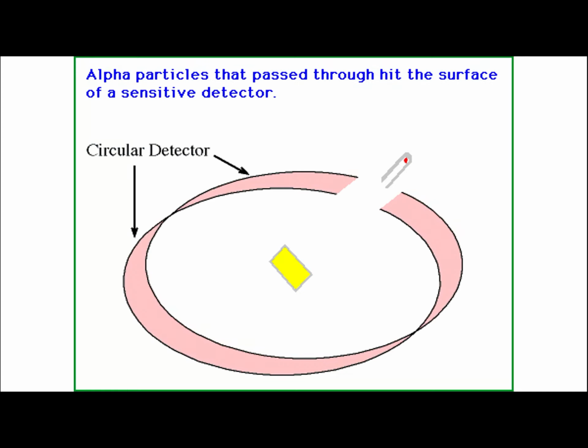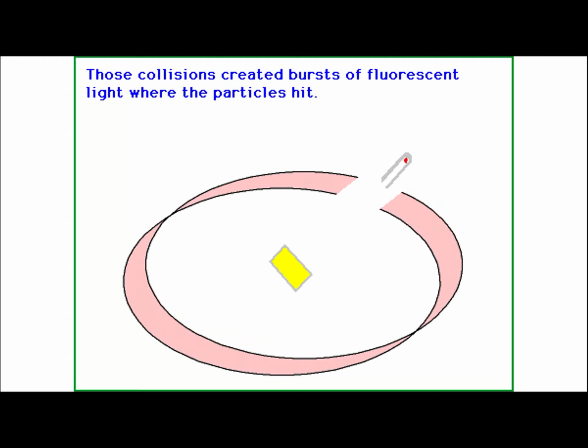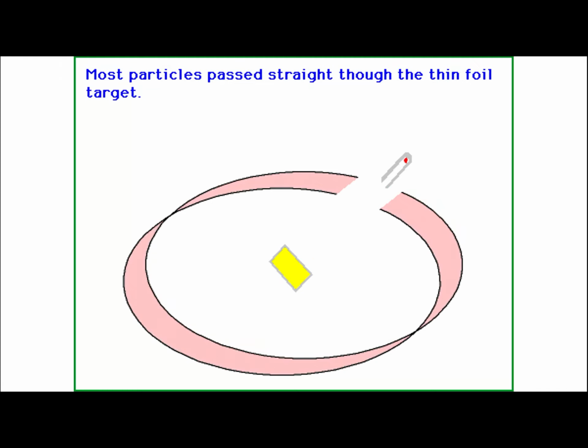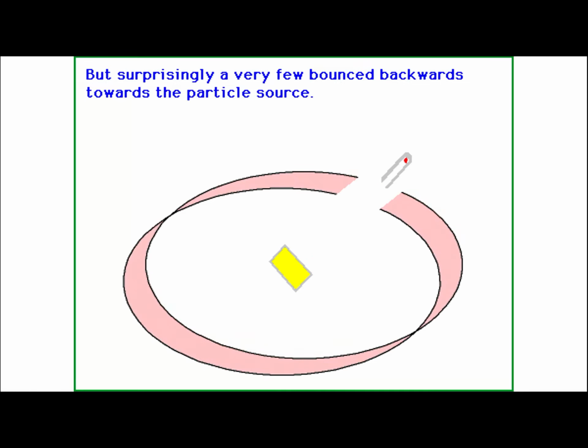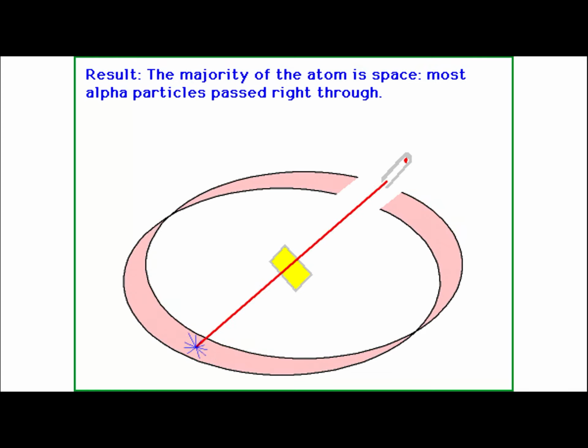So now this also disproves Dalton's theory that an atom is a hard sphere, because if you look at it now, since most of the particles go through, that tells you two things. That the atom must be mostly empty space.